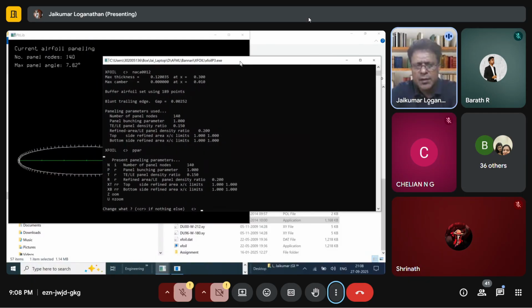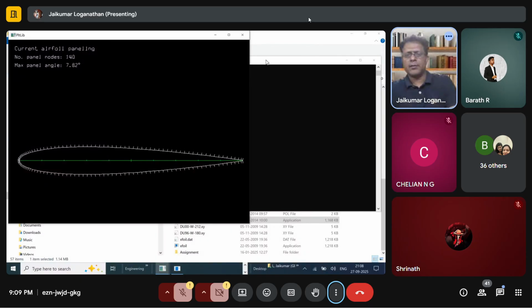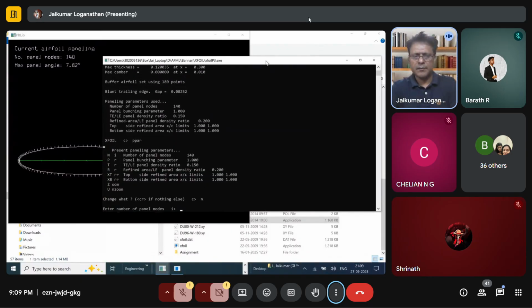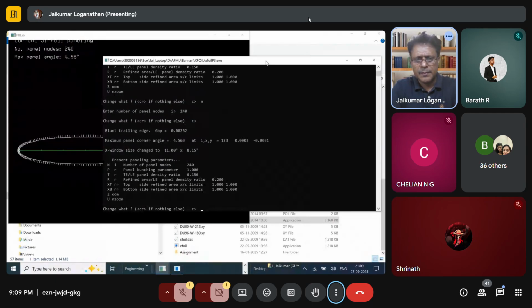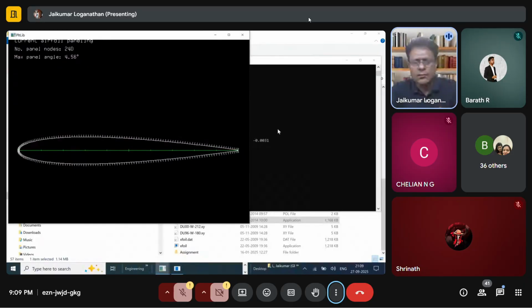If you want to change the number of panels, I'll give N, which is 140 now. Let's say we change it to 240. It's asking if you want to change anything else. If not, just press enter again. You see that now it has created the airfoil with more points.